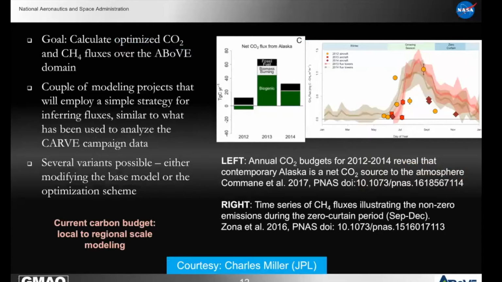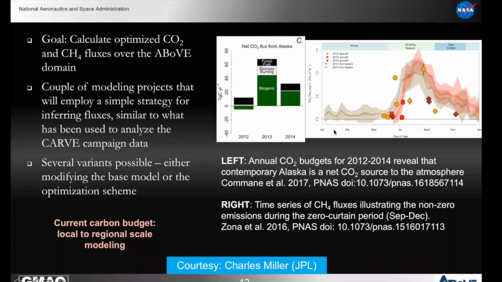And so now I'm going to quickly go through a high-level overview of three or four different projects being done as part of ABoVE, and how they plan to address some of these outstanding questions that I have outlined here.